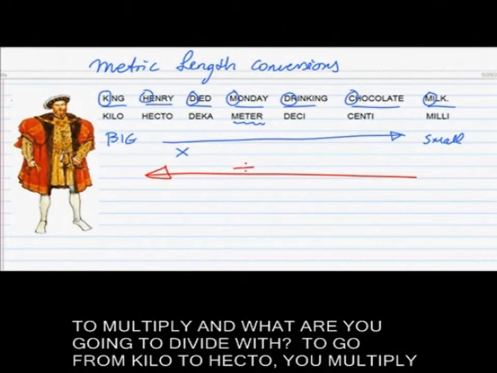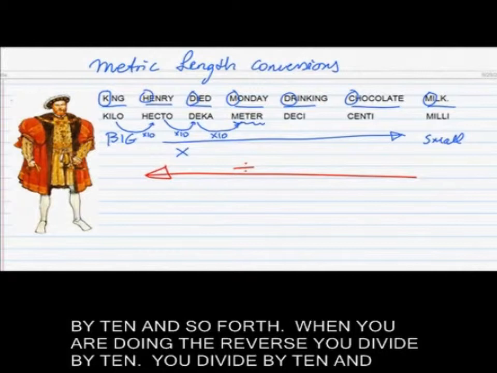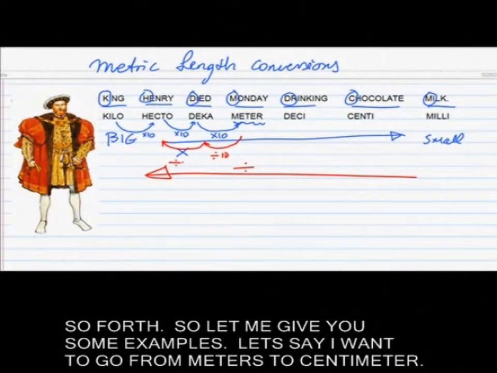Now, what are you going to multiply and divide with? To go from kilo to hecto, you multiply by 10. Hecto to deca, you multiply by 10. Decameter to meter, you multiply by 10, and so forth. When you're doing the reverse, you divide by 10, and so forth.